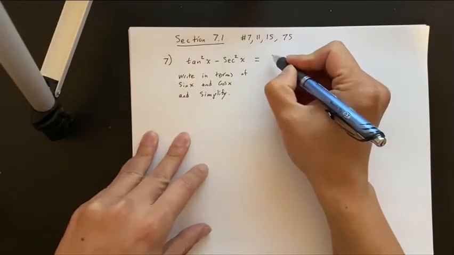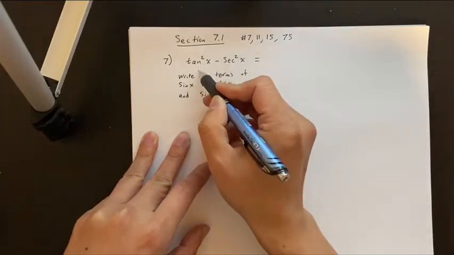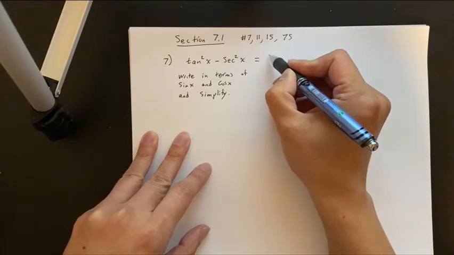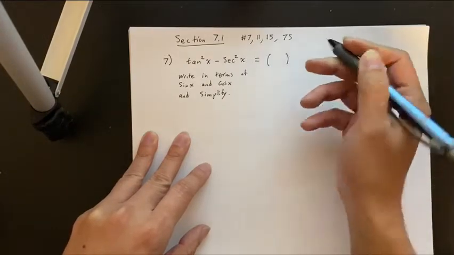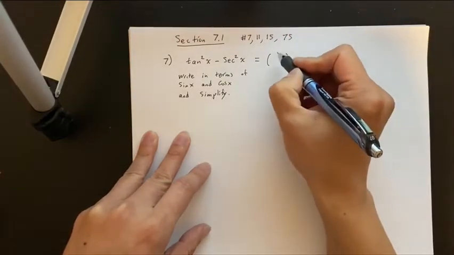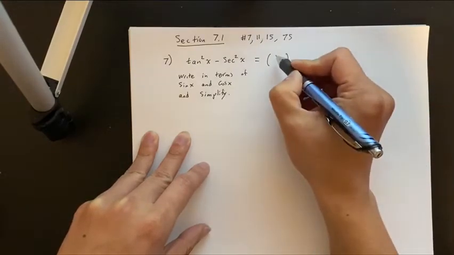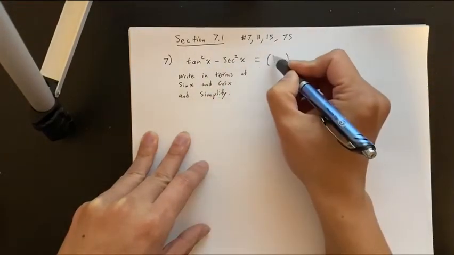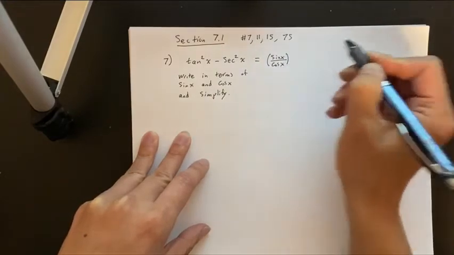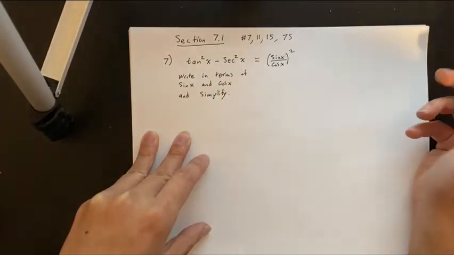Tangent is sine over cosine, so it's really sine over cosine square. I'm going to be technical for my very first problem, but for the next problem, number 11, I'm going to not do this. But for this very first problem, I'll get a little bit technical. So tangent x in this case is sine of x over cosine of x, and it's tangent x square, so the whole thing is being squared.